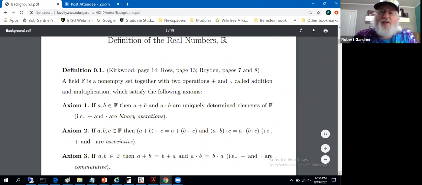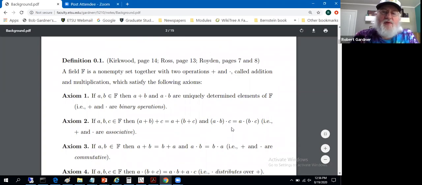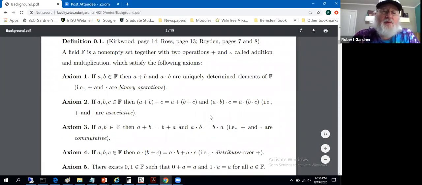The field axioms, the usual idea of a field from an algebra class. A field F is a non-empty set together with two operations, denoted as given here, called addition and multiplication respectively. So we're indicating multiplication occasionally with a little dot, addition with a plus sign, of course. And we require, axiomatizing what a field is, if you like, the following to hold.